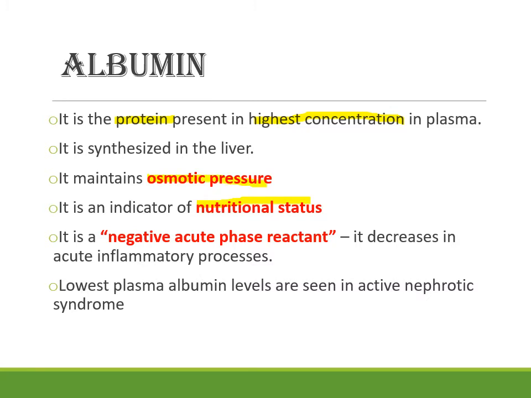Osmotic pressure is the pressure that prevents the escape of fluids in the blood vessel. So once there are low levels of albumin, this will lead to a decrease in osmotic pressure, leading to edema, or the escape of tissue fluid around the blood vessel.